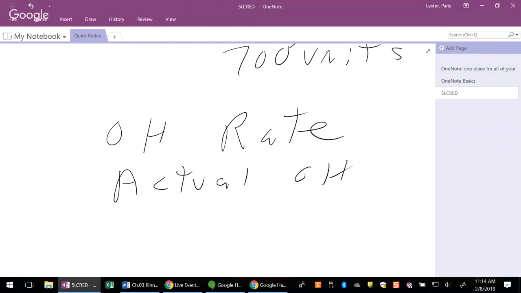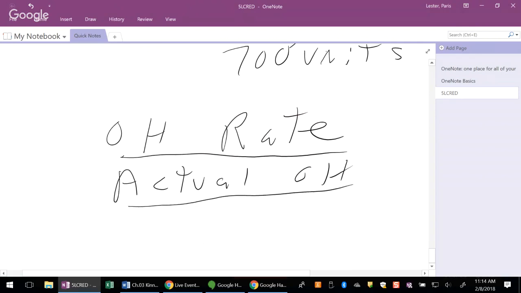And you're to make an entry to get rid of that over or under applied. I'll give you the overhead rate. You don't even have to calculate it. Then I'll give you the actual overhead. Now you apply this overhead rate, then you find the over or under applied.